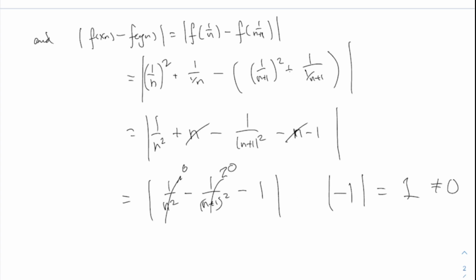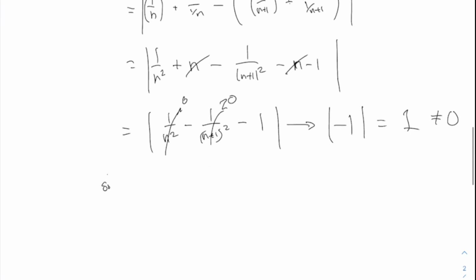This equal sign is really a limit. The limit of that is 1. It is not 0. This is what we wanted. So f of xn minus f of yn does not approach 0. That's what we wanted.